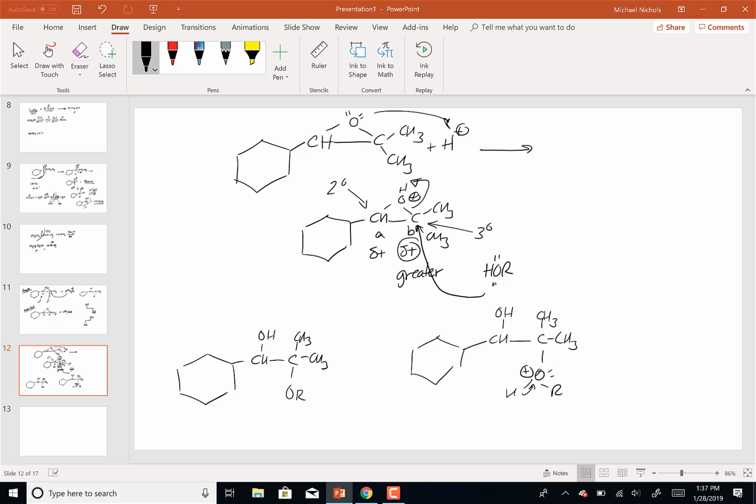But what's the difference between SN1 and SN2 in terms of what makes the reactions go faster? So in SN1, how do you make a reaction go faster? What's the rate of the reaction dependent on? How stable the carbocation is.